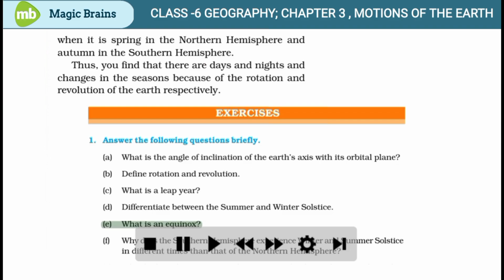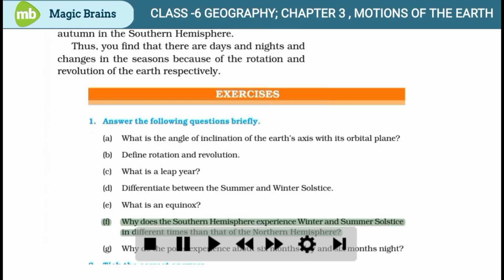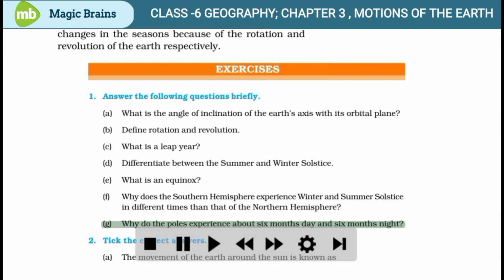E. What is an equinox? F. Why does the southern hemisphere experience winter and summer solstice at different times than the northern hemisphere? G. Why do the poles experience about 6 months day and 6 months night?